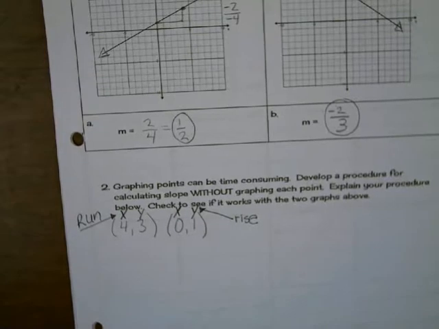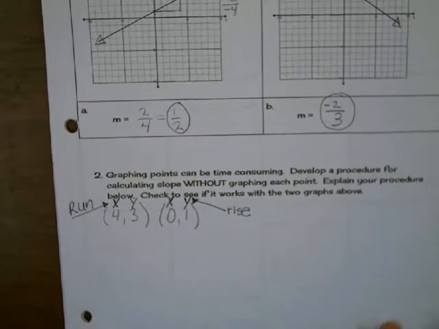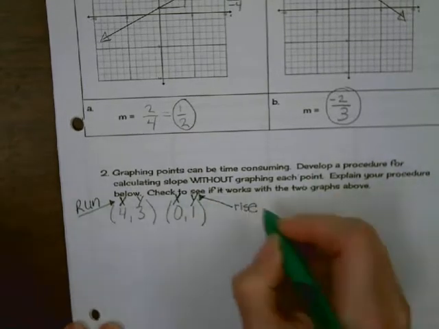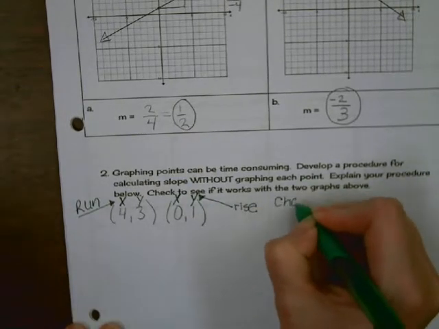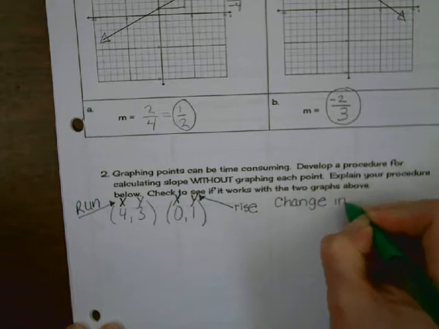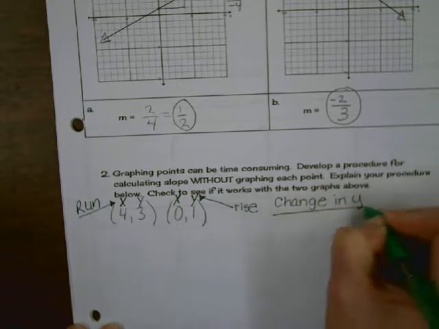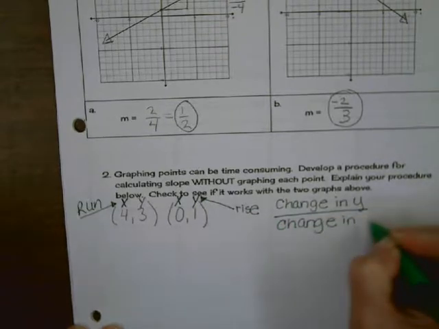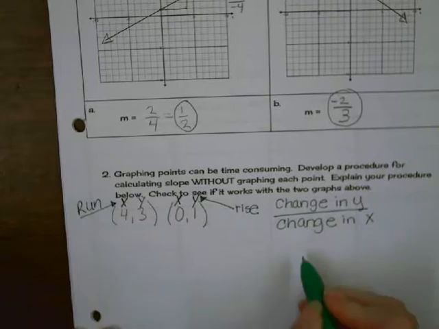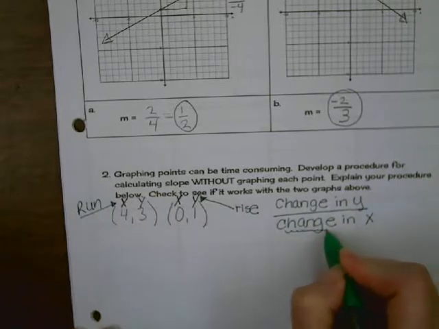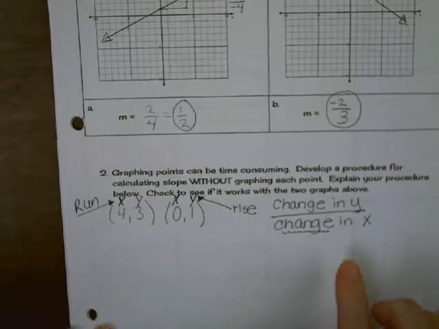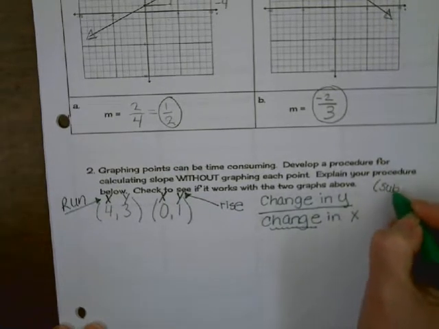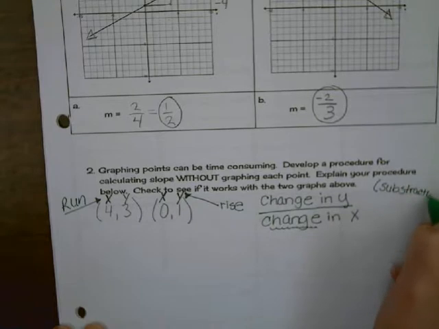So what we're going to do is we're going to have a mathematical way. And we're going to say the change in y divided by the change in x. And when we want to find the change of something, when we want to see how one number changes into a different number, we're going to be doing some subtraction.